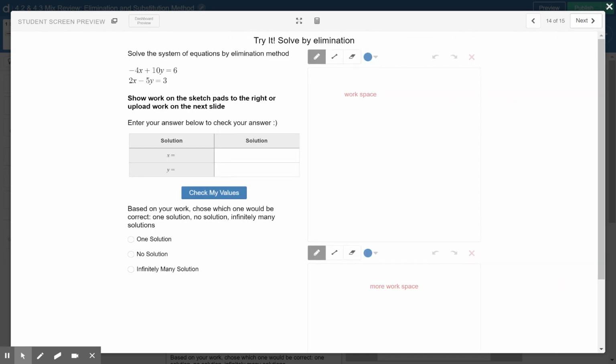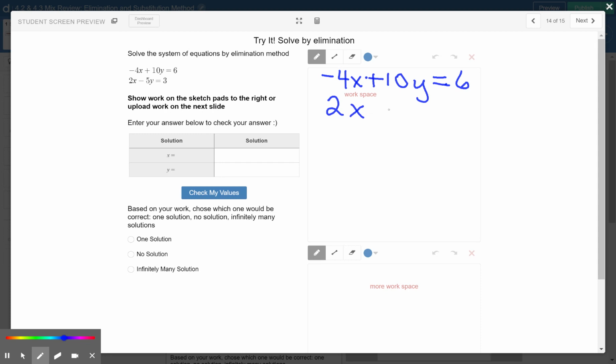Now, another elimination problem. If we have negative 4x plus 10y equals 6, and we have 2x minus 5y equals 3. Remember, make one of the numbers opposite.